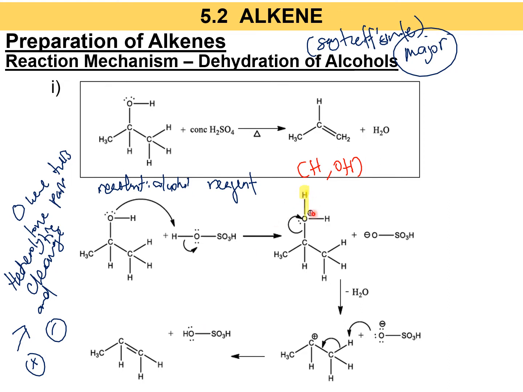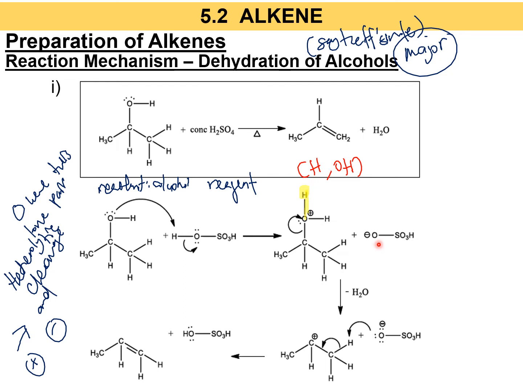Alright? Oksigen ni dia boleh ada dua lone pair dengan dua bonding pair. Tapi kat sini, since dia ada tiga bonding pair, and also since dia attack this hydrogen atom, therefore dia akan jadi cation. How about this oxygen?